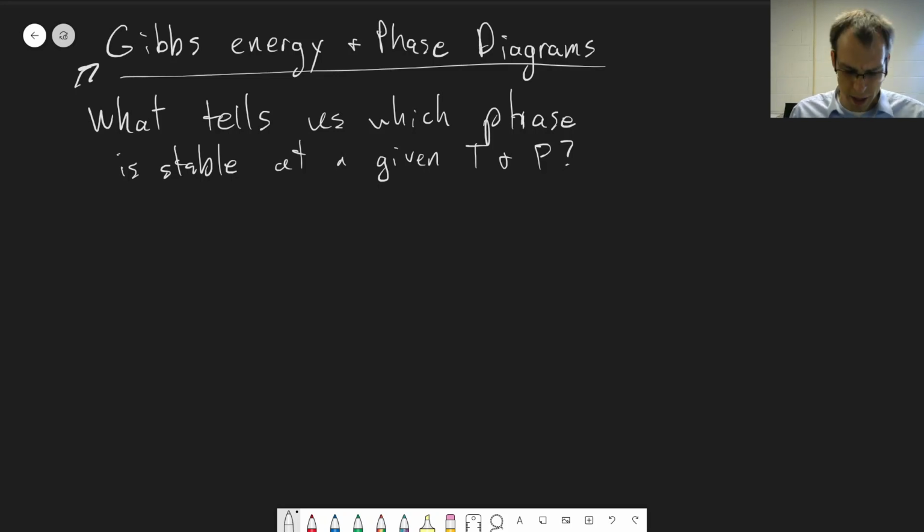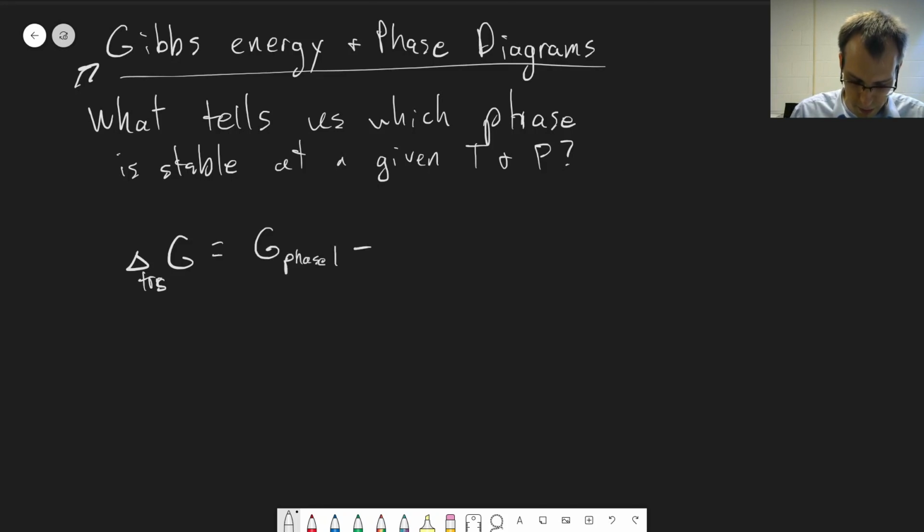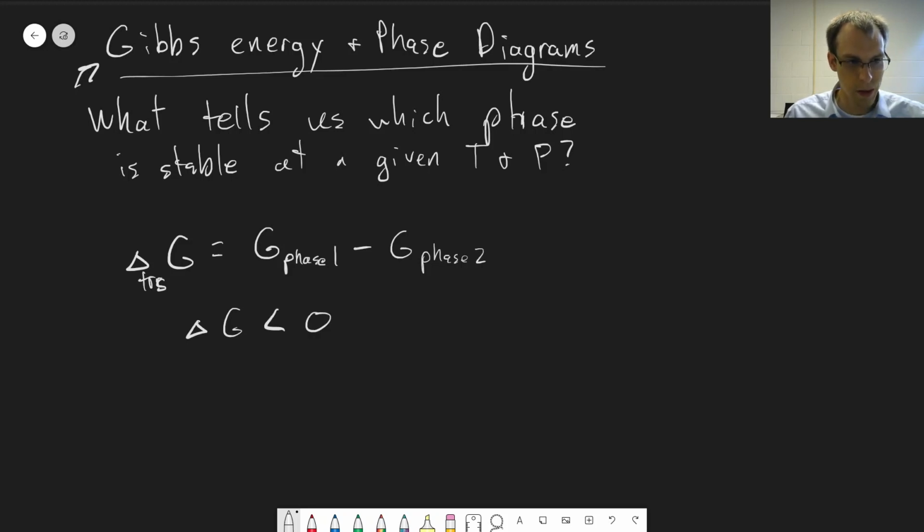Now, why is that going to be the case? Well, if we write out a delta G for the transition, whatever transition that is, solid to liquid, liquid to gas, gas to solid, that's going to be equal to the Gibbs energy at phase 1 minus the Gibbs energy of phase 2. And delta G is only going to be less than 0. Whatever leads to delta G less than 0 will be spontaneous, right?